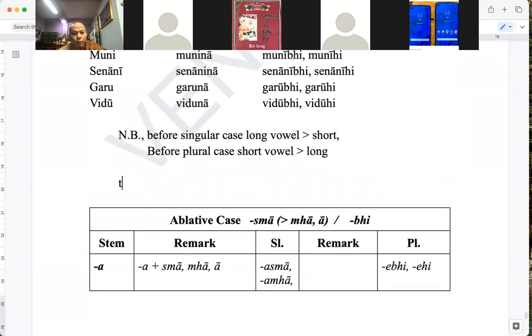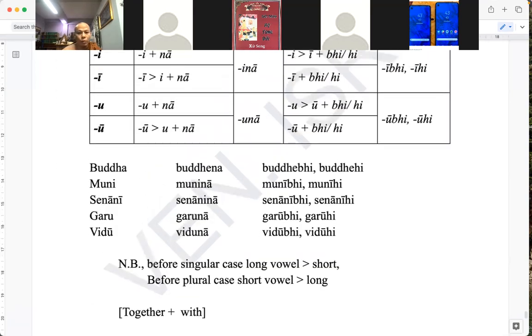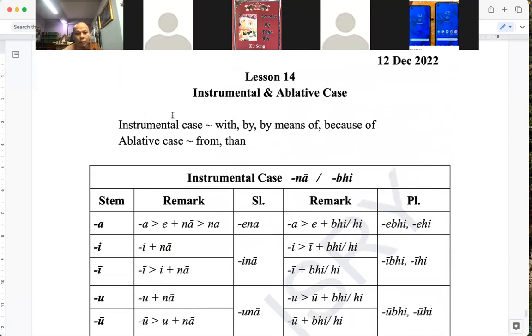In English, the preposition or adverb 'together', as in 'together with me' or 'together with my friend', is followed by a phrase. The same way in Pali. I already explained this instrumental case can be rendered as 'with'. So Bodhina, with a Bodha, right?